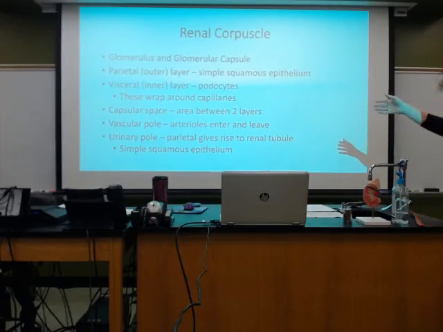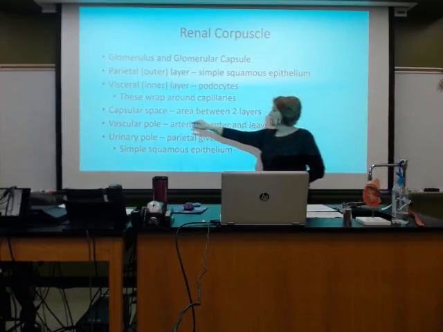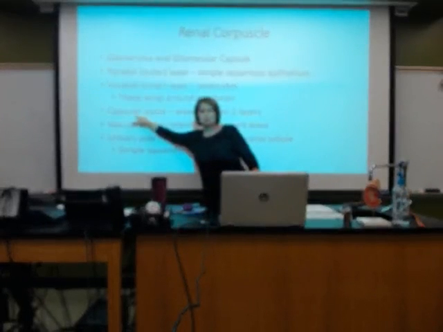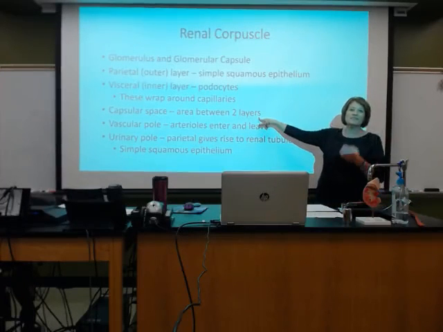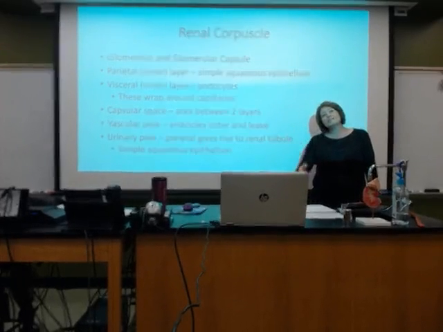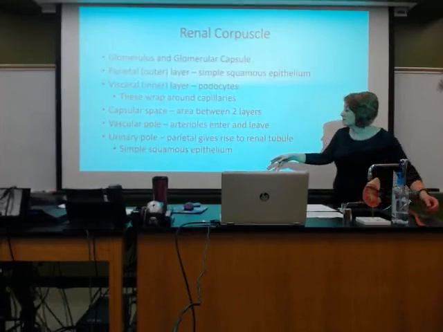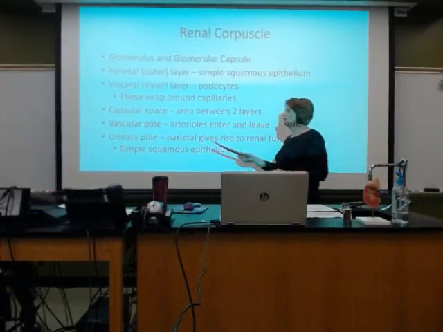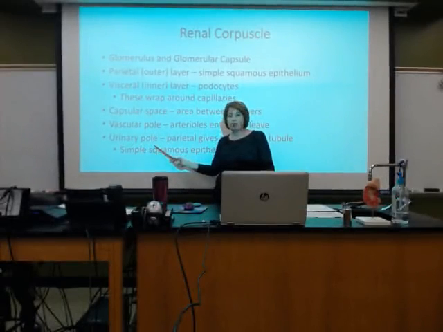Begin writing. All right? So, parietal, visceral. What's in between is the capsular space, because this glomerulus is sitting in the Bowman's capsule. Now what we're going to say about this capsule: the capsule has what's called the vascular pole and the urinary pole.